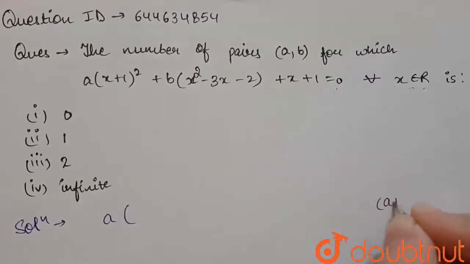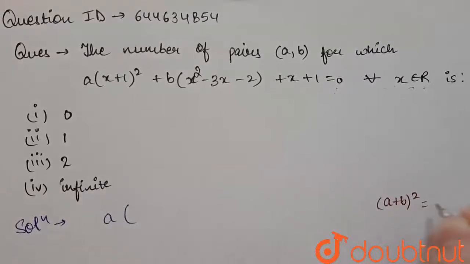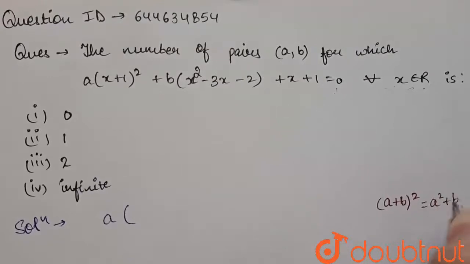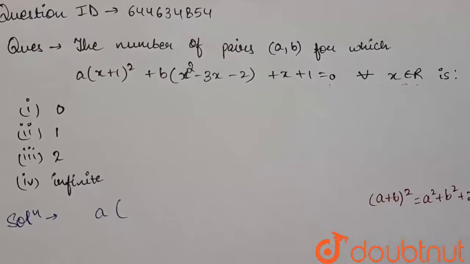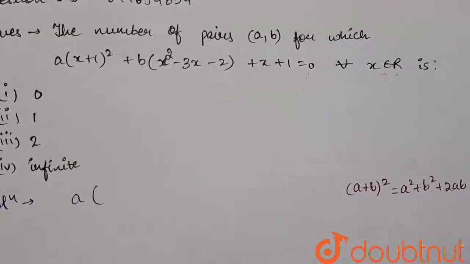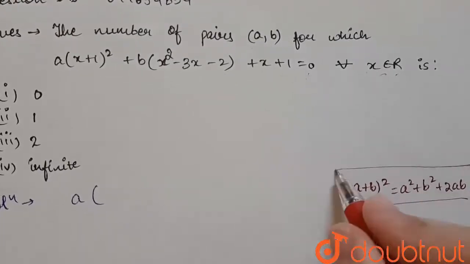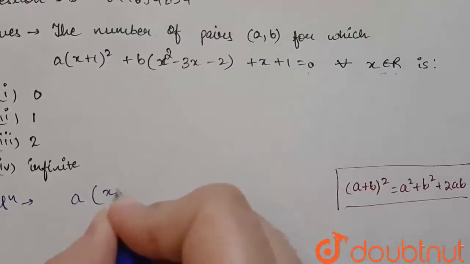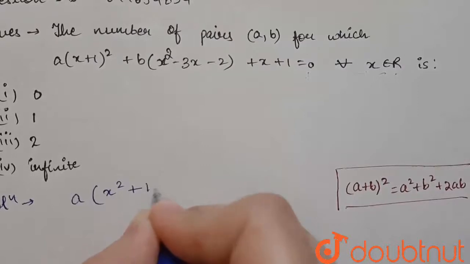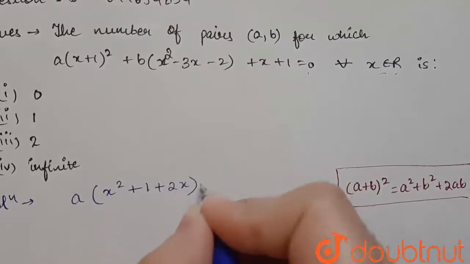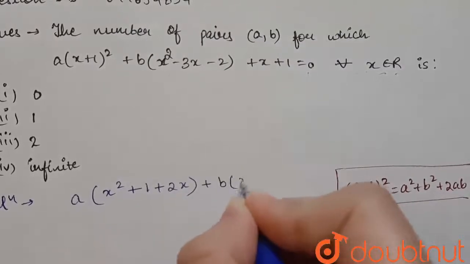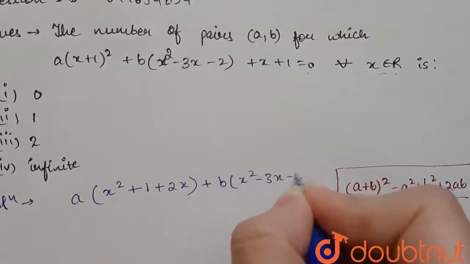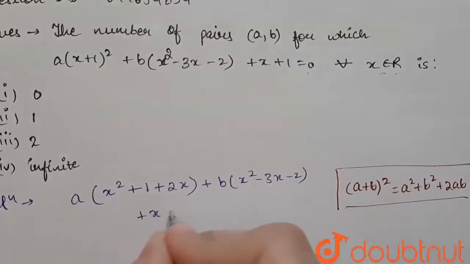We are going to use the identity (a + b)² = a² + b² + 2ab. So this will become a(x² + 1 + 2x) + b(x² - 3x - 2) + x + 1 = 0.